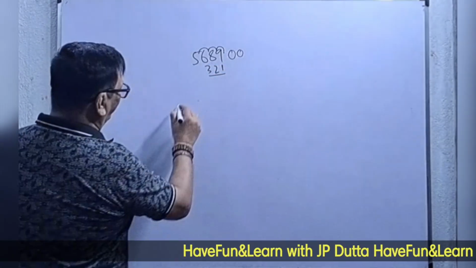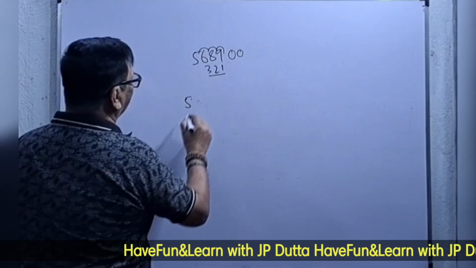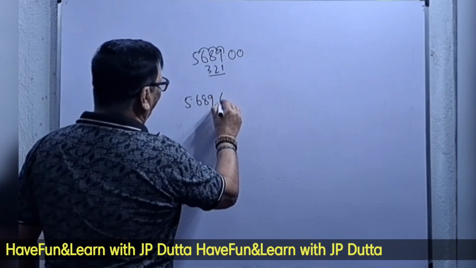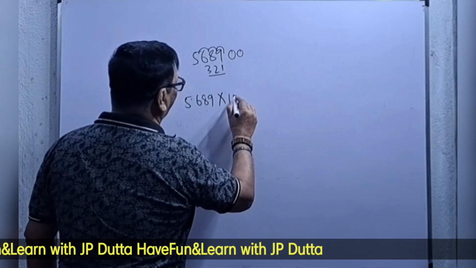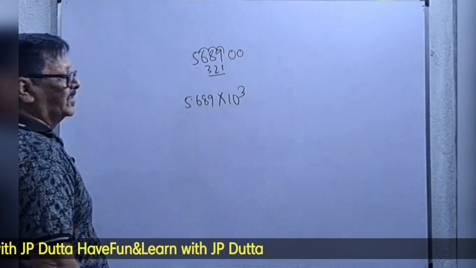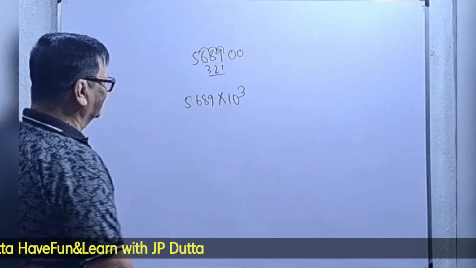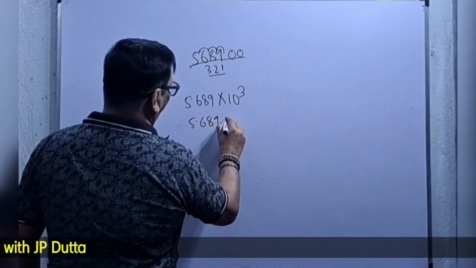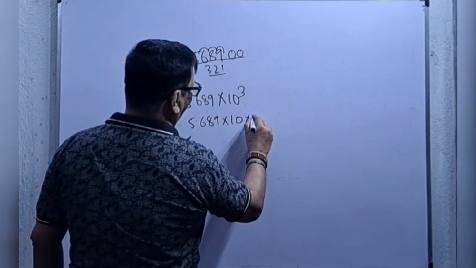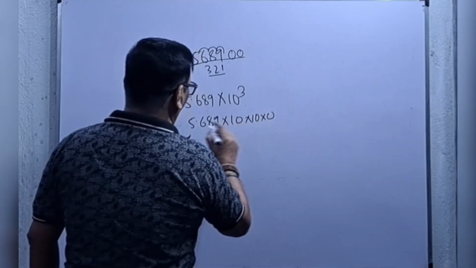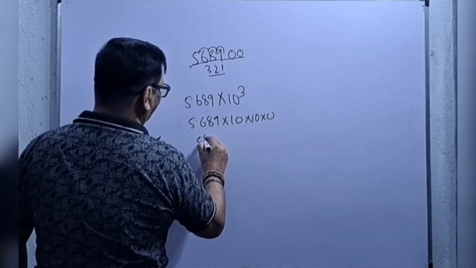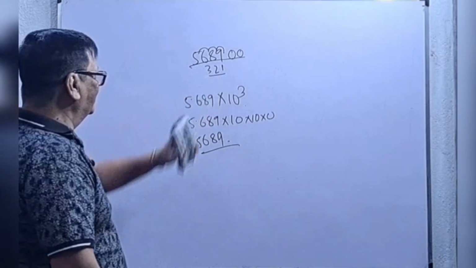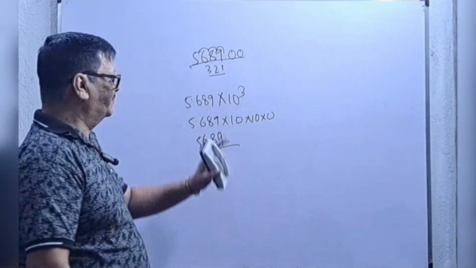So 5.689 times 10 to the power of 3. Why this? Again your question, right? Like 5.689 times 3 zeros, 10 into 10 into 10, you land up with 5,689. The value is not changed, but we have changed it to the power of 10.